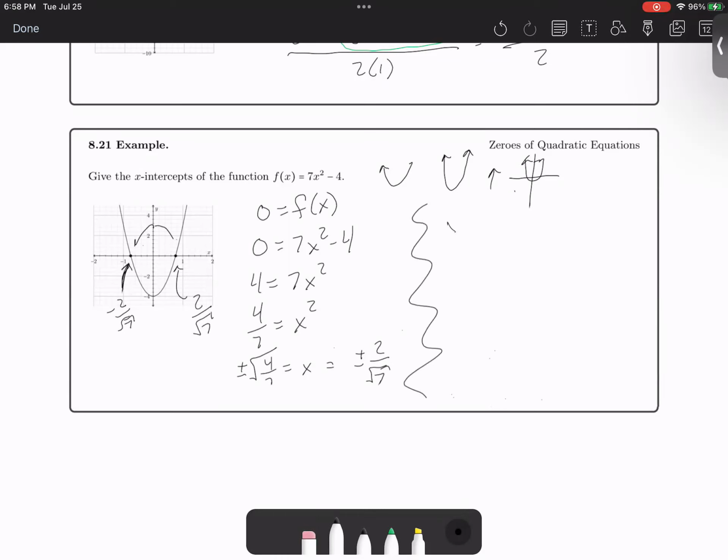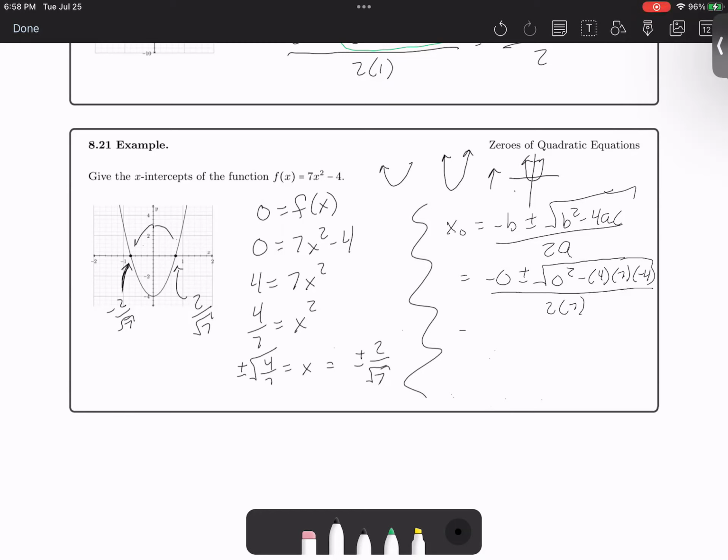The quadratic formula tells us that the x values that give me zeros are the opposite of b, plus or minus the square root of b² − 4ac, all over 2a. Applying this to our function, we get the opposite of 0, plus or minus the square root of 0² − 4 times a times c, all over 2a.